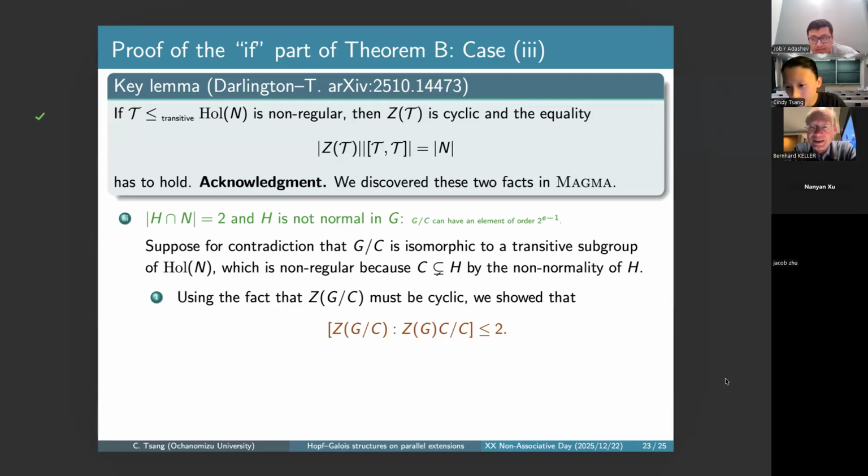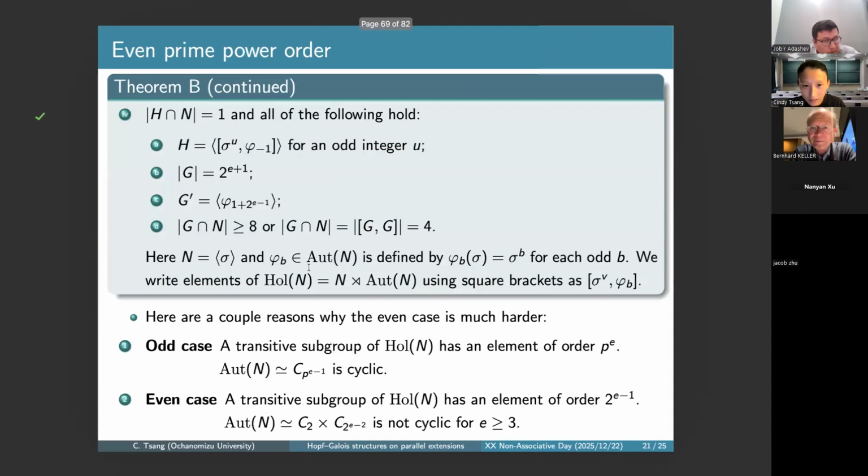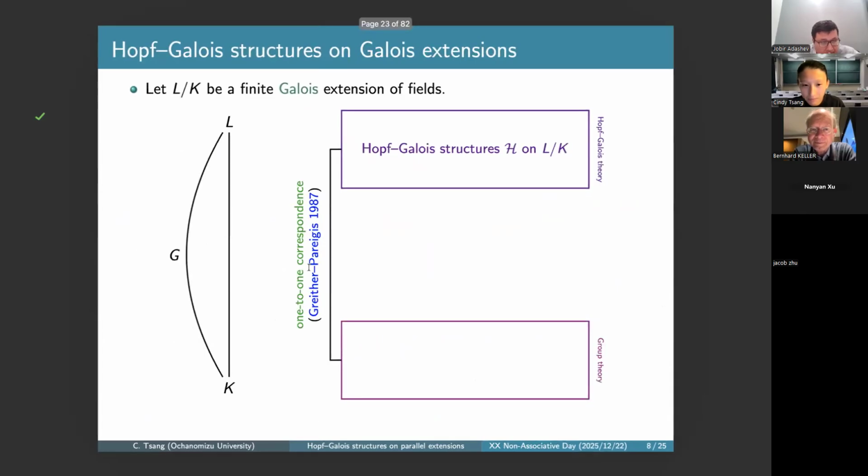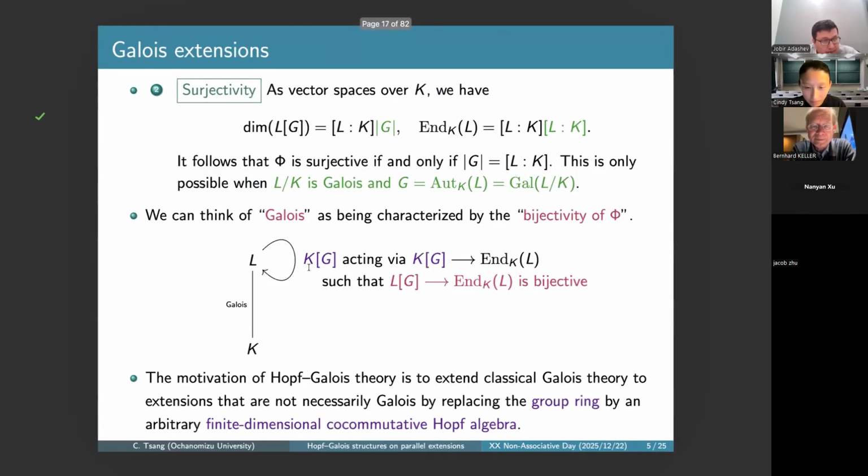Yeah, so my first question is, the Hopf Galois structure is a generalization of the classical Galois extension, replacing the group ring by a co-commutative Hopf algebra. Is it possible or meaningful to consider more general Hopf algebras that do not require the property of being co-commutative? That I don't know. I study mostly skew braces and the group theoretic part of the Hopf Galois structure.